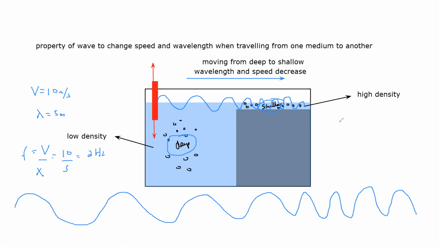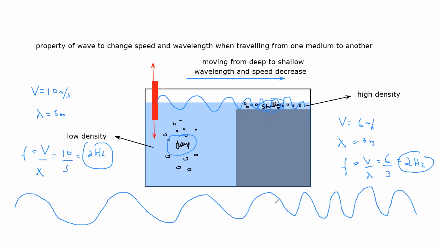But when it enters a shallow region, speed decreases, maybe to 6 meters per second. Wavelength also decreases, now 3 meters. But when I calculate the frequency, the ratio does not change. Both decrease, but the ratio remains the same. The ratio between speed and wavelength is the frequency, so the frequency remains unchanged.